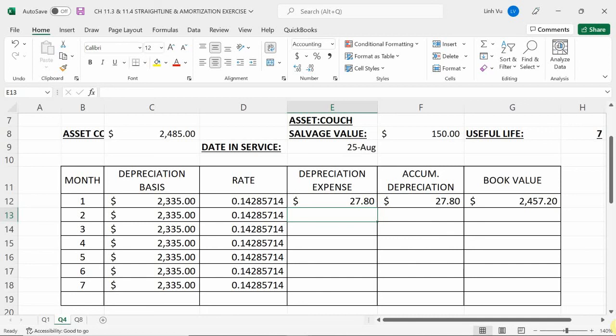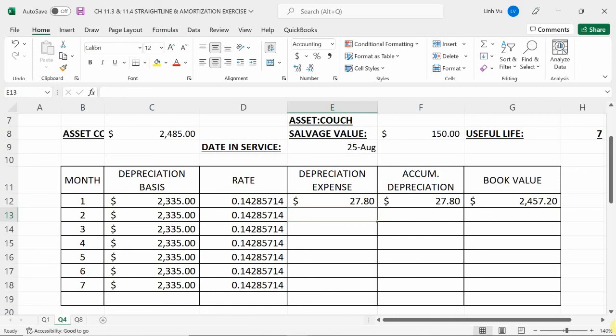Depreciation basis times the rate. It'd be 27.80, because we times the depreciation basis, which is 2,335, times the rate, which is 0.14.